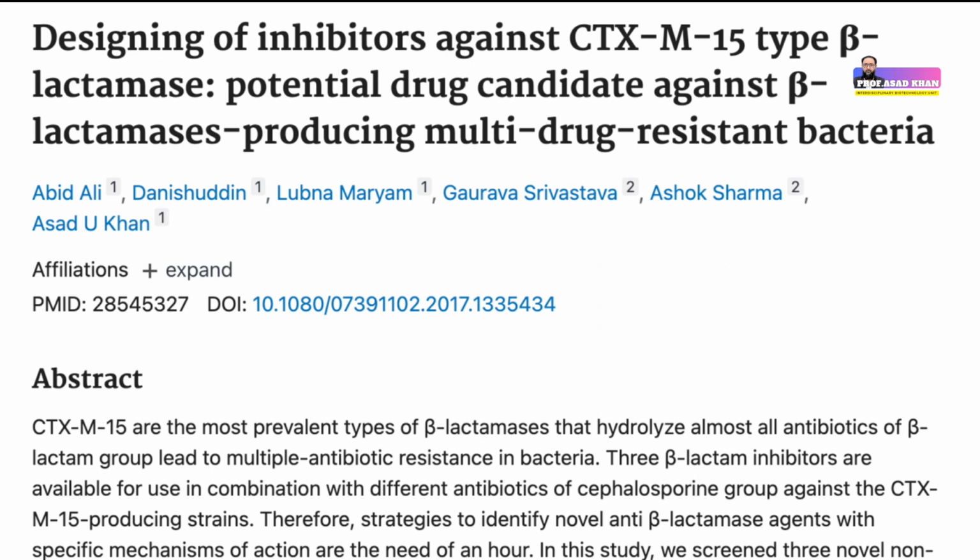Therefore we thought of developing a new approach. Besides many approaches we are working on, like vaccines, inhibitors and phage therapy, one approach that I am going to talk about today, which is very simple and easy to adopt, is combination therapy.